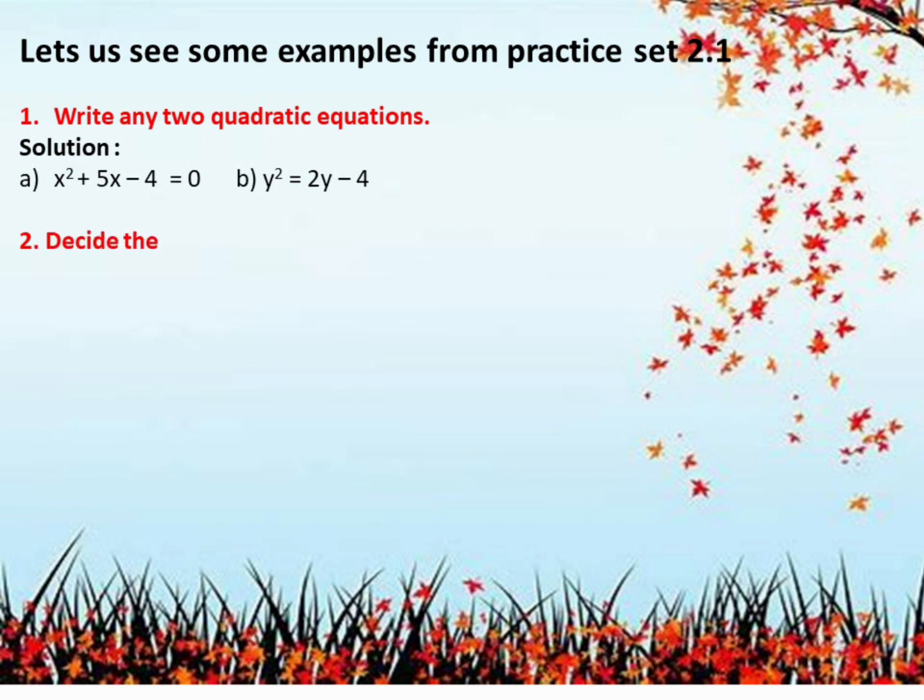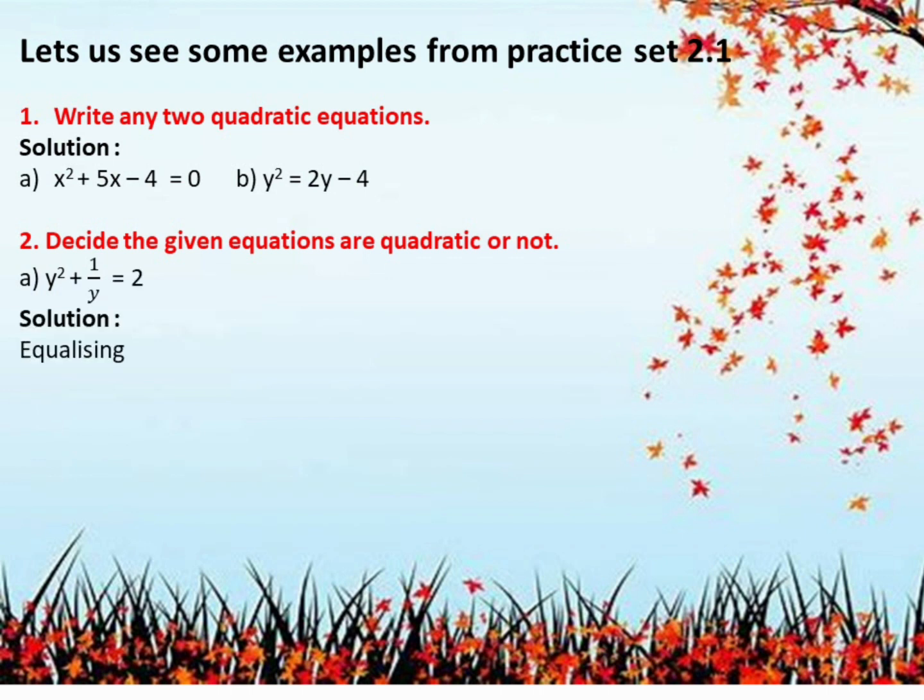Now the second question, decide the given equations are quadratic or not. The first example, y square plus 1 upon y equal to 2. After equalizing the denominators, it will become y cube plus 1 by y is equal to 2. You know that how to equalize the denominator.